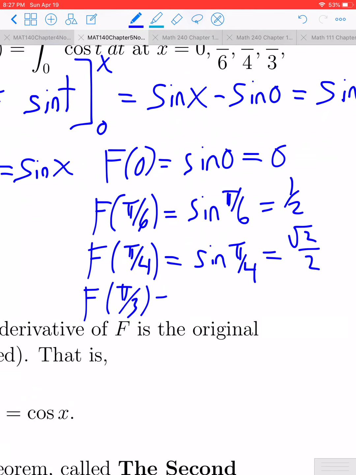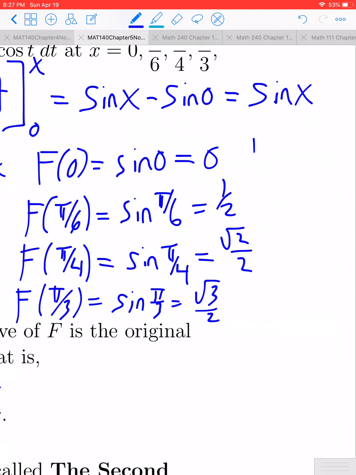F of pi over 3 would be the sine of pi over 3, which would be the square root of 3 over 2. And then lastly, if we evaluate F of pi over 2, this would be equal to the sine of pi over 2, which would be equal to 1.